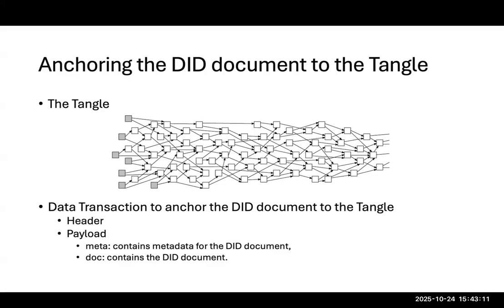And that's how we attach DID documents to these DLTs. Essentially, you make a transaction that has a header and a payload, and the payload contains some metadata related to the DID document and the document itself.